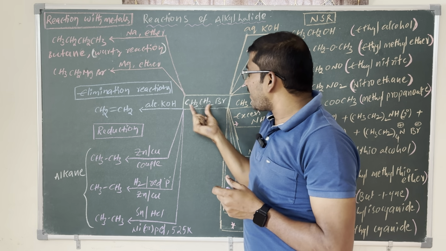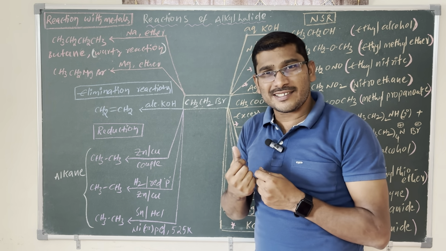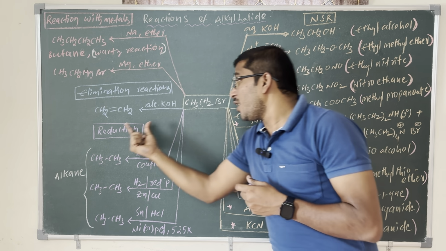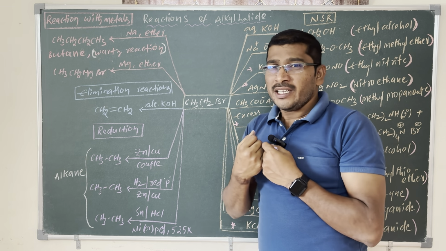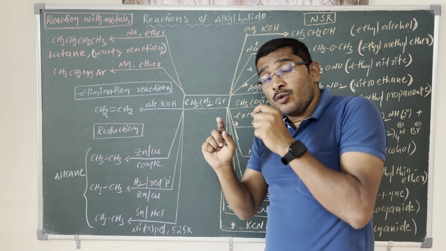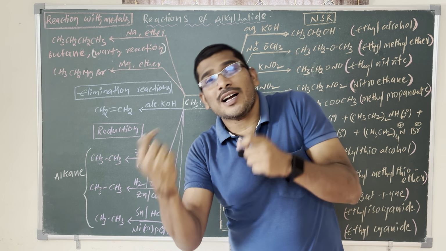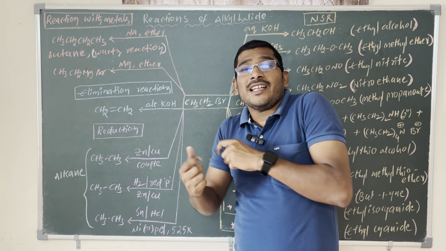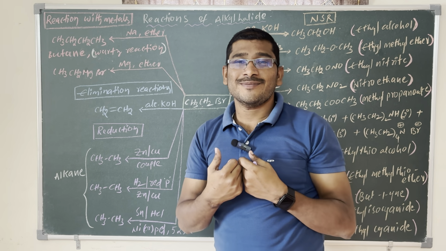See, alkyl halides are also involved in elimination reactions. Alkyl halides are also involved in reduction reactions. What is reduction? Adding of hydrogen or removal of oxygen. Here, what atom is there? See here, removal of an electronegative atom is also called reduction. Removal of an electronegative atom or adding of an electropositive element.